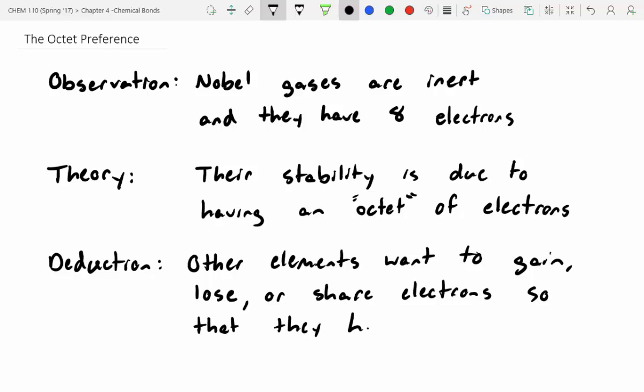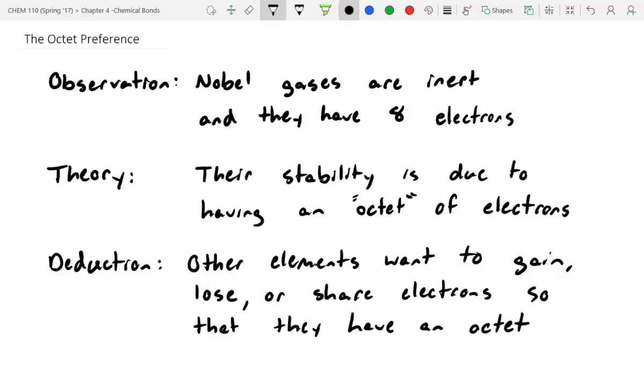So that they have an octet. Oh, my pen's dying for some reason. So in the case of magnesium, magnesium wanted to lose electrons. There are some that actually want to gain electrons and others that simply want to share them. And we'll talk about each of those classes. Does that make sense? It's a pretty simple theory.